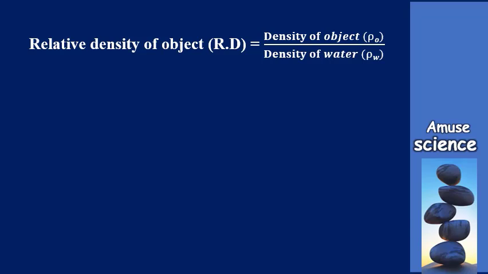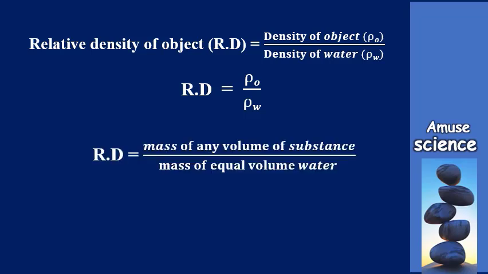Sometimes too, the relative density of substances can be expressed only in terms of their masses. In this case, the relative density of a substance will be mass of any volume of the substance divided by mass of equal volumes of water.